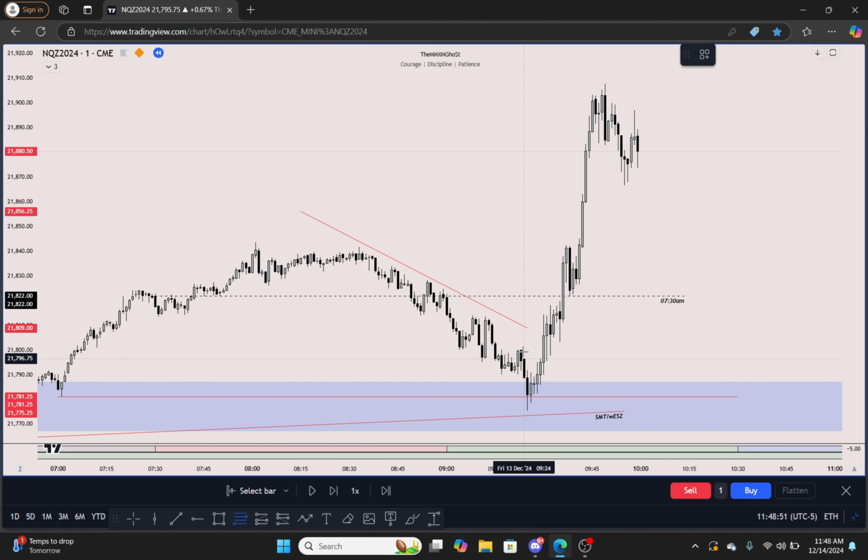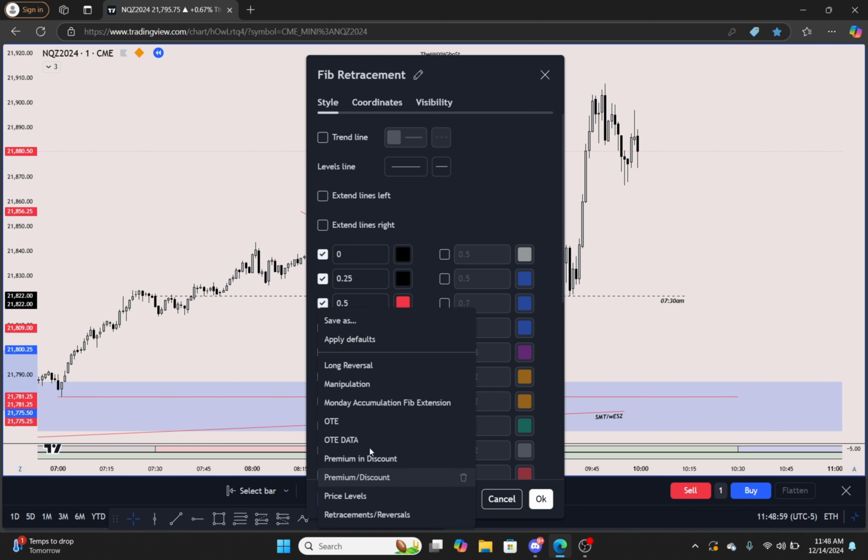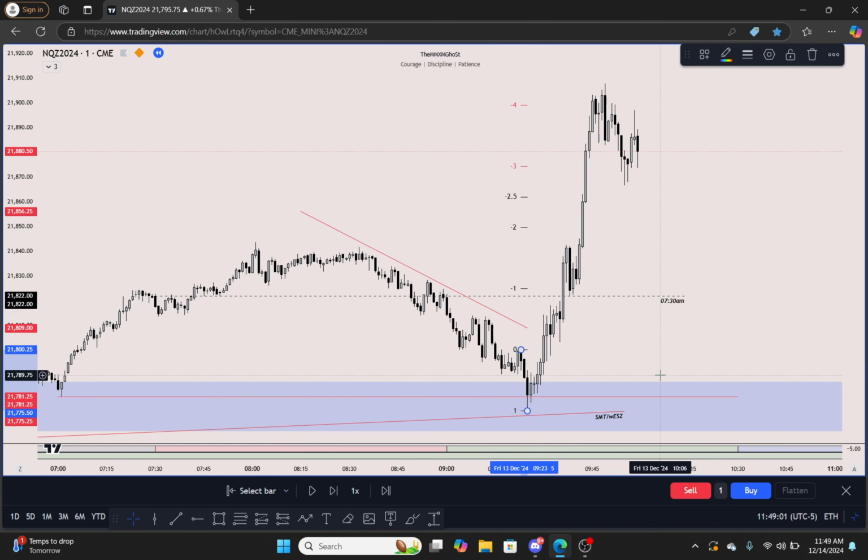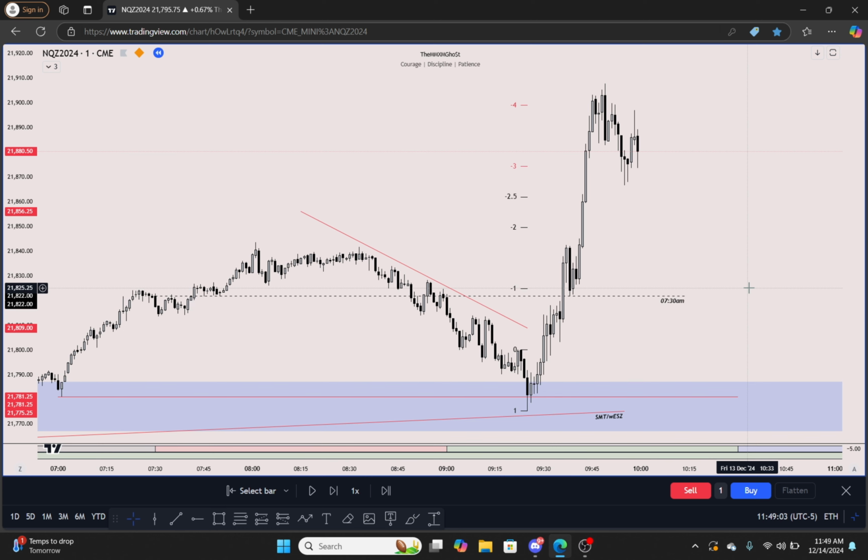If you need help with targeting and partials, you can always use standard deviation, and you can measure out the manipulation leg, and you can see price retraces shortly after taking out the -4 standard deviation.